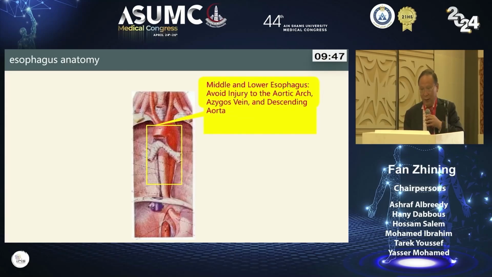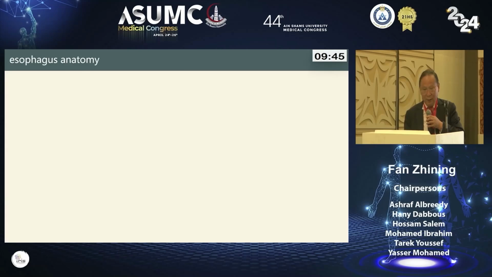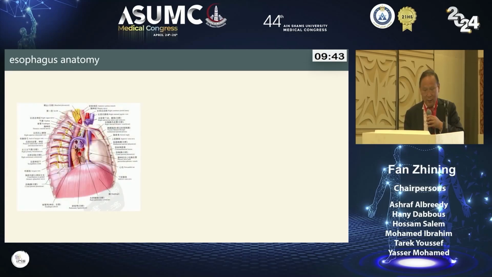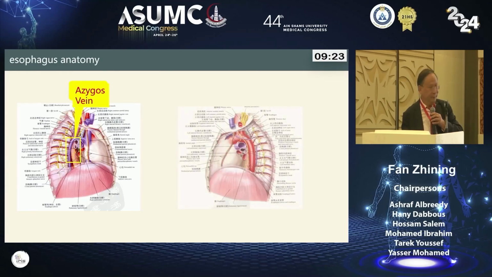Oh, yes, surgeon. This is the left view, a left line and a right view. This is the esophagus vein line, the inferior esophagus.